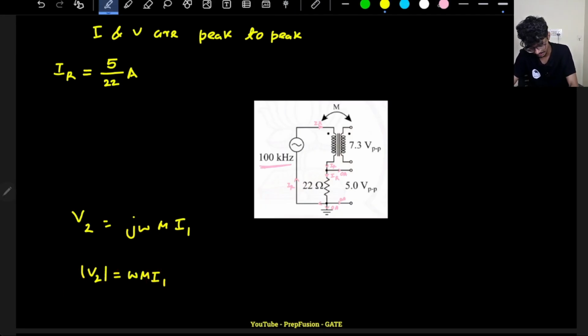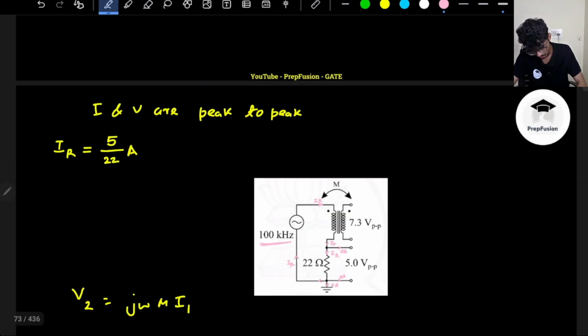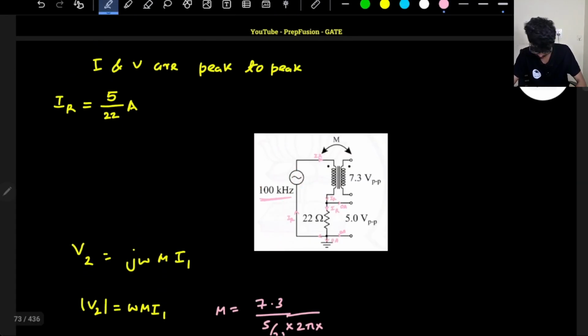So from here I can directly write the value of m will be equal to the magnitude of V2, that is 7.3 peak to peak, divided by the current, that is 5 by 22 peak to peak, divided by omega, which is 2 into pi into f, and f is 100 kilohertz.